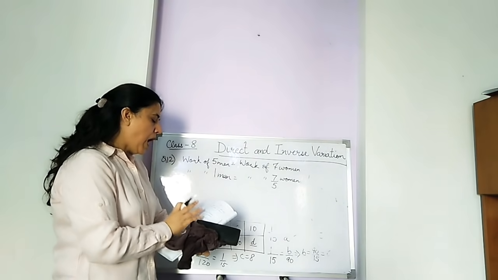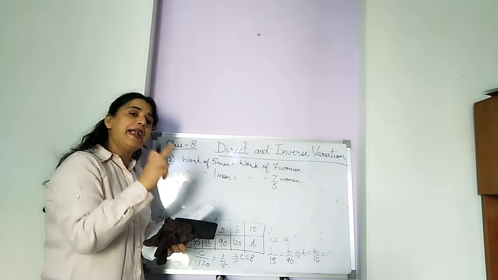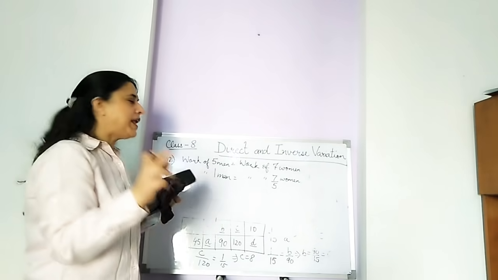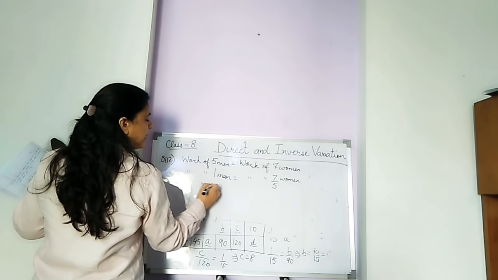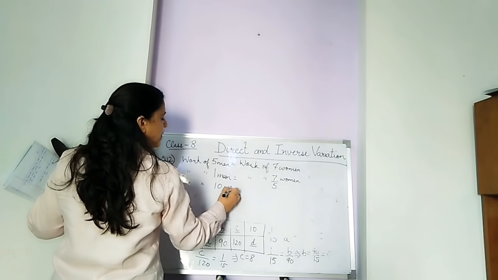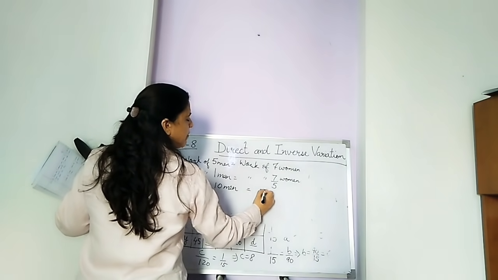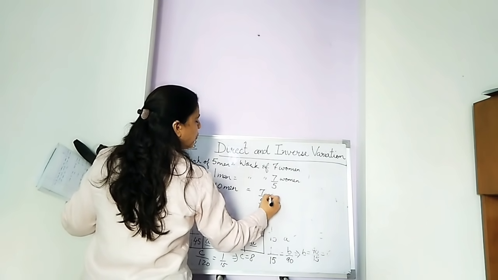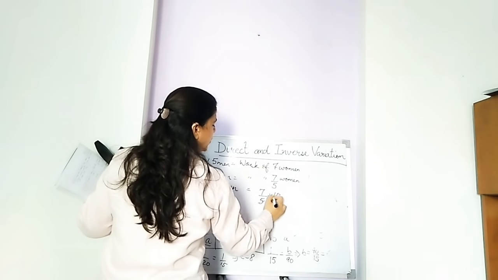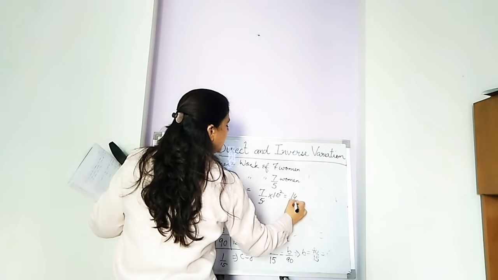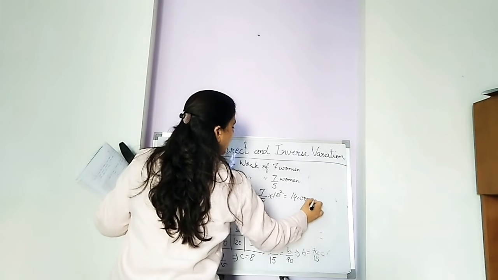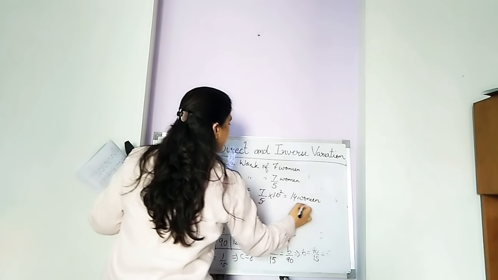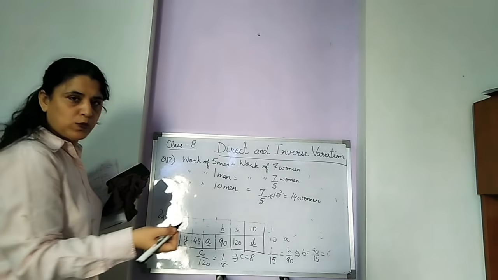Now it is saying how much would 10 men and 13 women. So work of 10 men will be equal to 7 by 5 into 10, that is equal to 14 women. We are converting man's work to women's work.